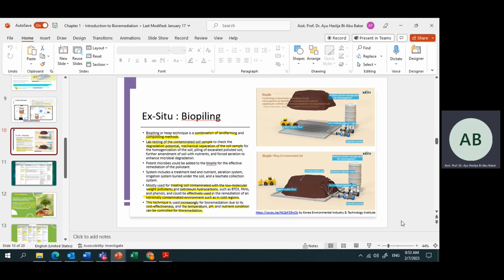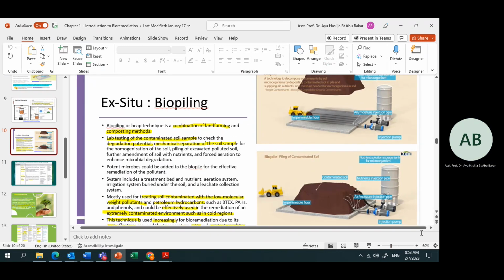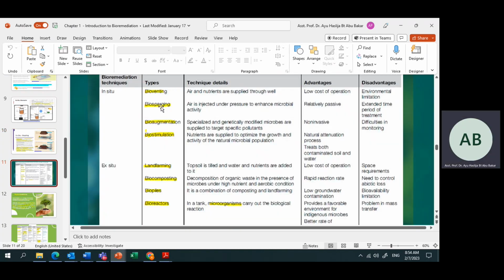You should know the definition, the mechanism, and the illustration of the method. Because biopiling, biosparging, and bioventing are different methods. So I want to see how you can understand and illustrate it.